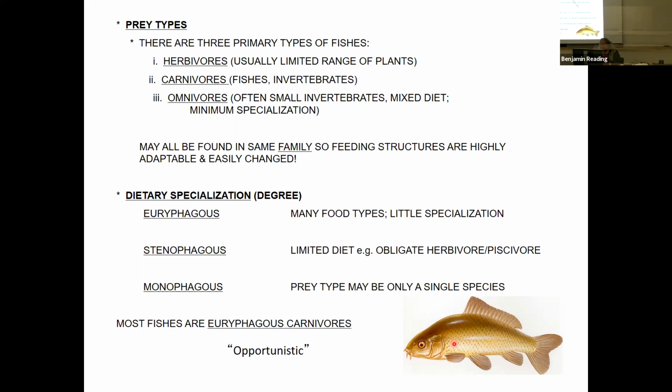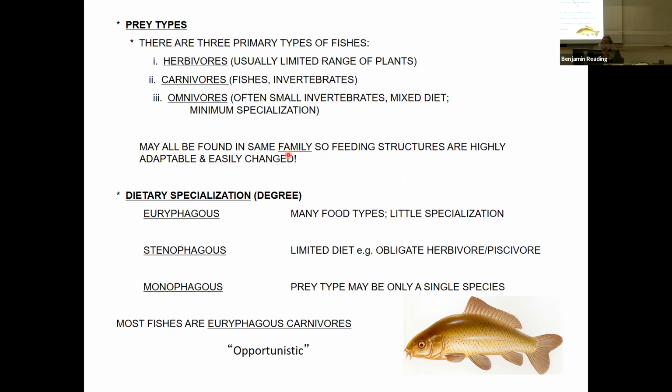And I'd like to just point out here that all of these different feeding strategies can be found within the same family of fishes. So when I gave you your family designations, I said, generally speaking, this is what's going on. But as an example, family Cichlidae, you're going to see all these different feeding strategies represented within a single family. You're going to have herbivores, carnivores, and omnivores.